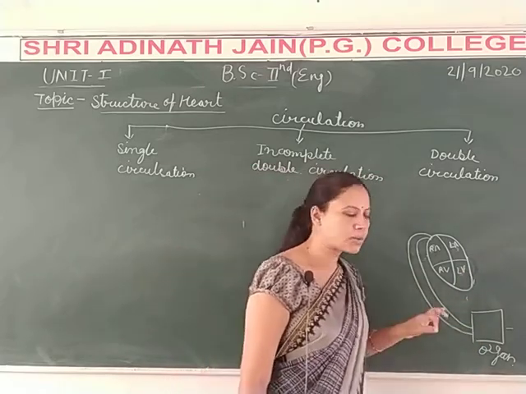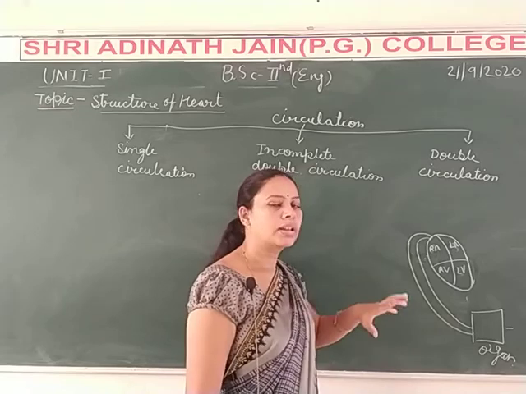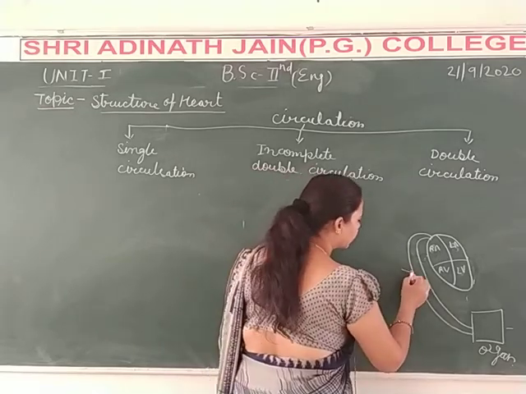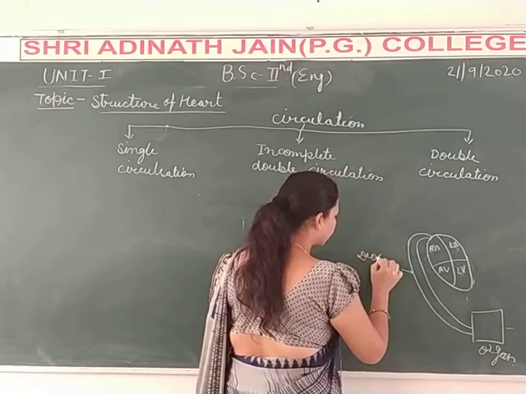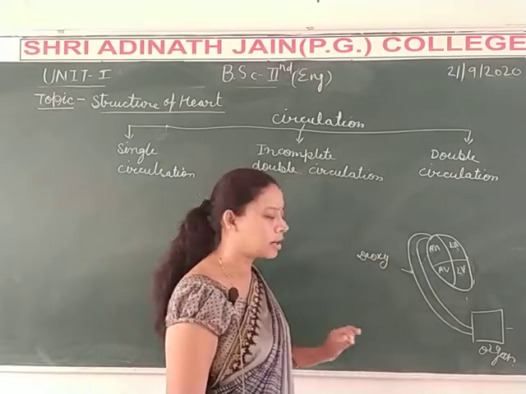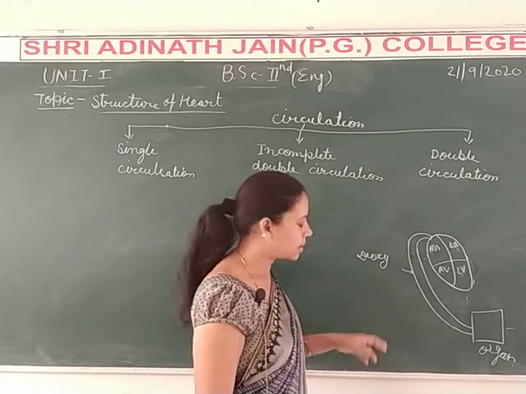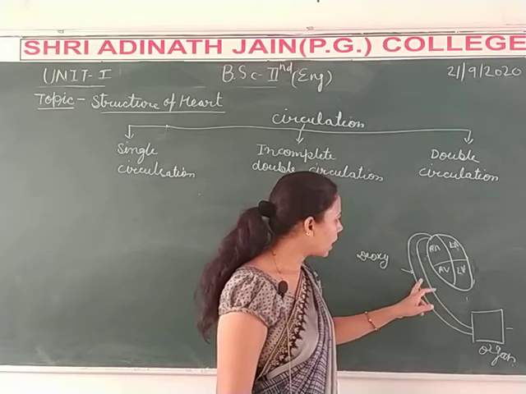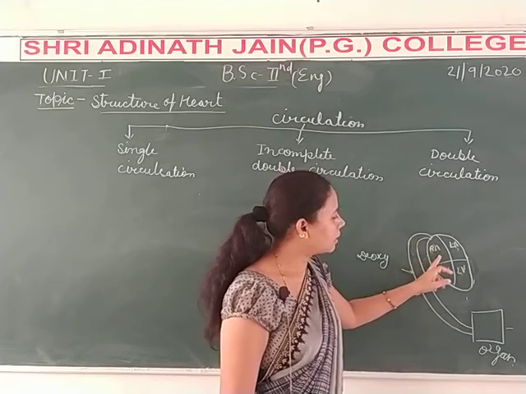So what is going on there? First of all, the deoxygenated blood from the organ is collected by the vein and enters the heart.